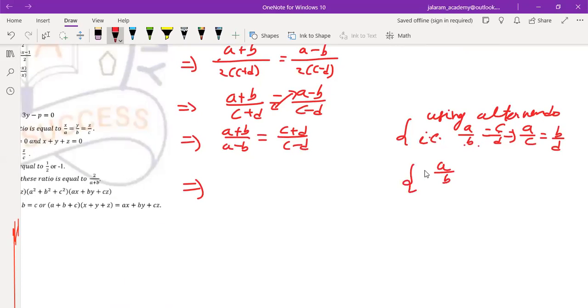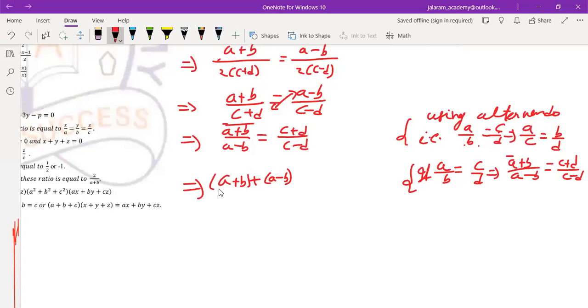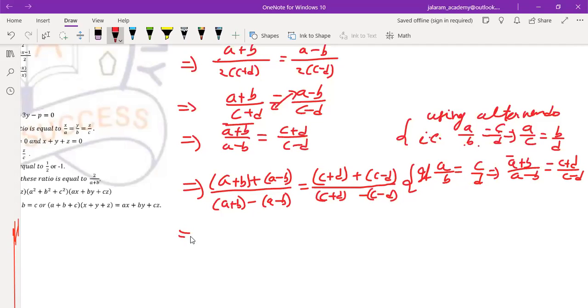That is, if A by B equals C by D, it implies A plus B upon A minus B equals to C plus D upon C minus D. This time the value of A is A plus B plus A minus B over denominator A plus B minus A minus B equals to C plus D over C minus D. It implies on opening the bracket, B will be cancelled out, 2A over 2B equals to 2C, and D will be cancelled out.